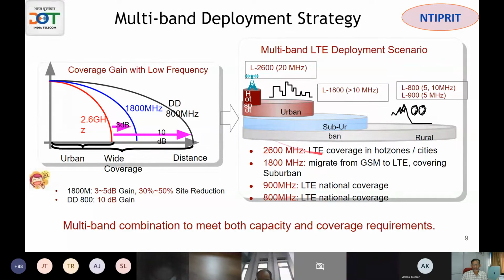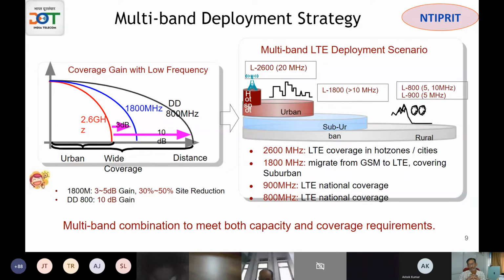But what is happening is that when you deploy, you use multiple bands. For example, if you go to the Geo kind of a network, they use exclusively 4G coverage. They have got spectrum bands in 800, then 1800, and then 2300. So they will give the voice coverage, VoLTE coverage, in the lower bands, and then they will give the capacity, the throughputs that are required for the data customer, in the higher band.